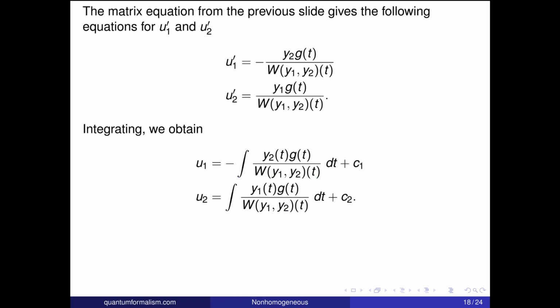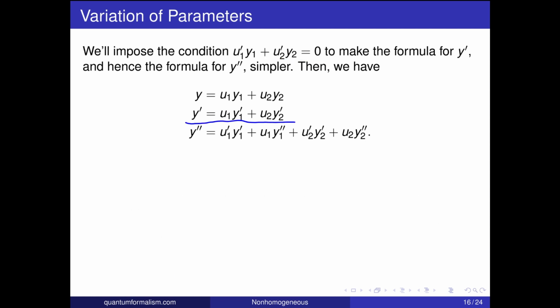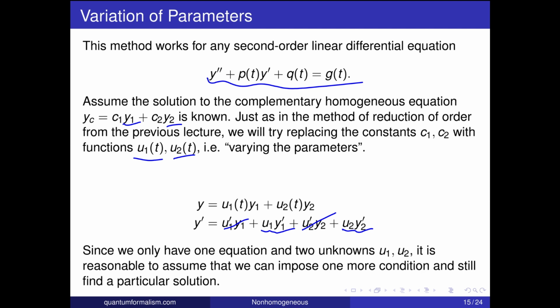Yeah, I will mention, this isn't the only condition we could have imposed. There are some other choices that would work. One that's actually somewhat useful is you could just force u1 to be equal to 0. And then what you would be doing is reduction of order at the same time as you're finding a particular solution.